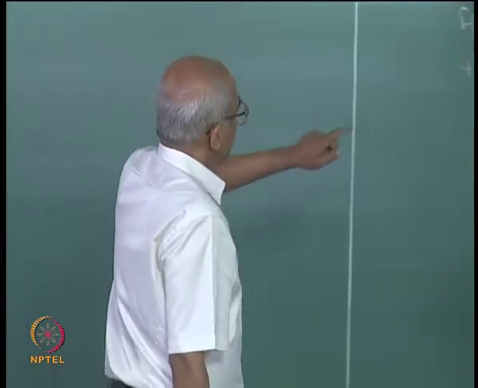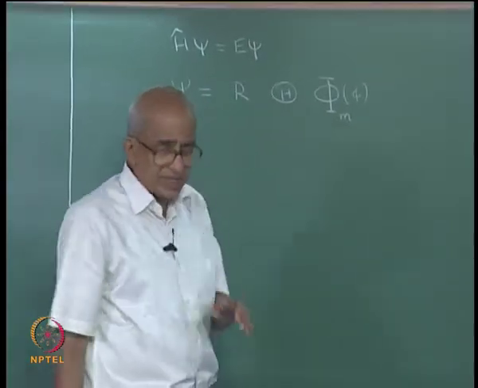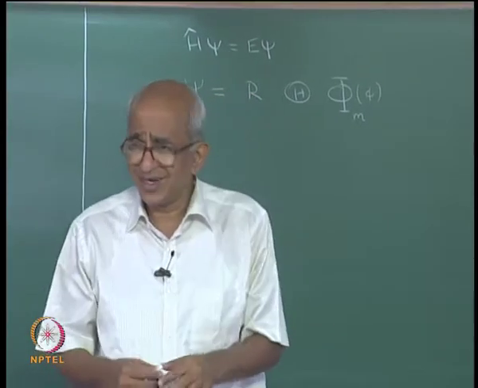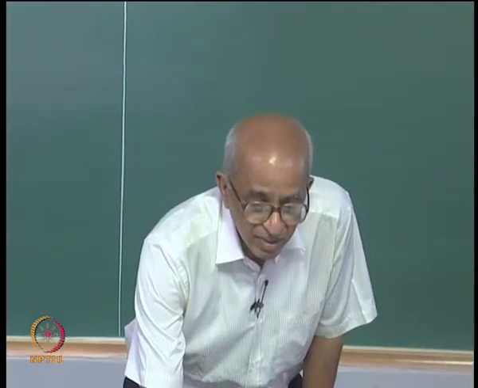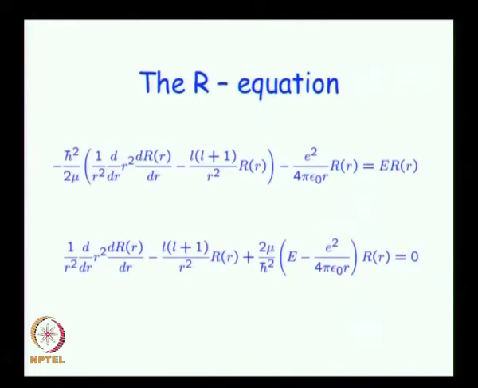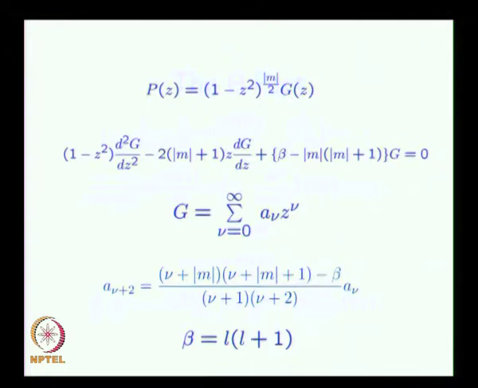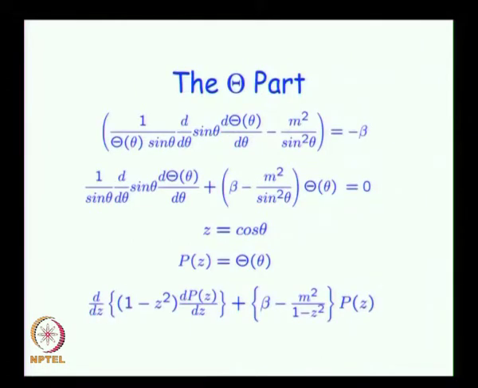Then we looked at the equation for capital theta, we found that the equation actually contained m. If you remember, I can show it to you once more. Okay, here is the equation for capital theta, and you notice that it contains m, right.